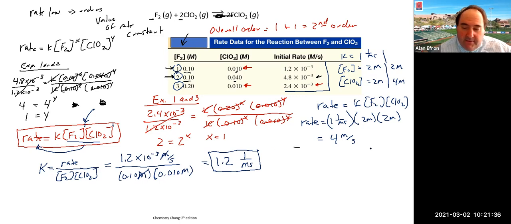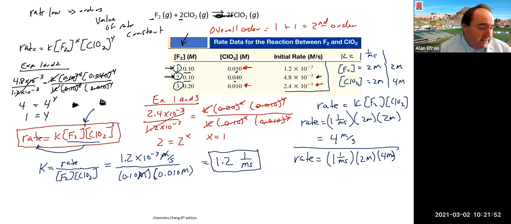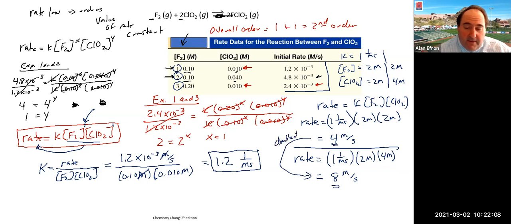So if we went back into our rate law here, again using the same values for K and 2 for our F2, but here we actually double the concentration of our second reactant, what we see in terms of the rate is the rate now goes from 4 molar to 8 molar per second. It doubled, right? So the rate from here to here doubled when we doubled the concentration of the other reactant.